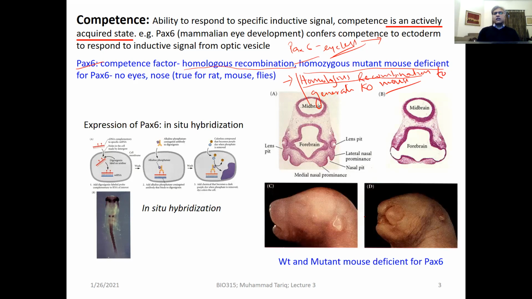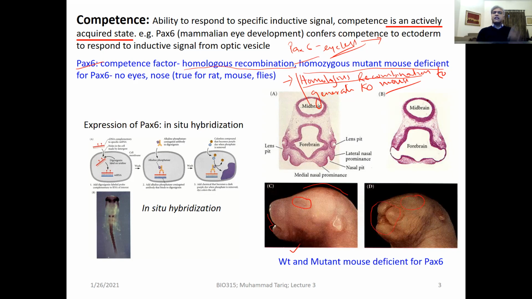look, this is the wild type. This is the eye structure developing, the mouth, lips, the brain, etc. Now, just the deletion or knockout of PAX6, the eye is gone. No more eye. The mouth is deformed.